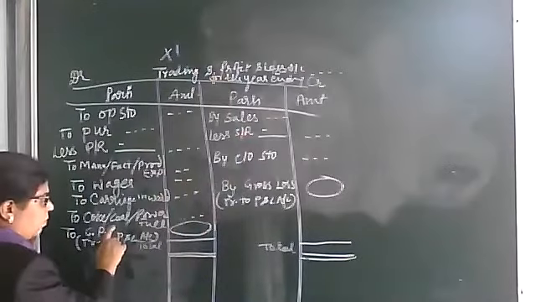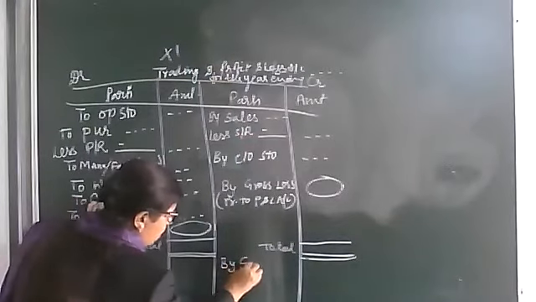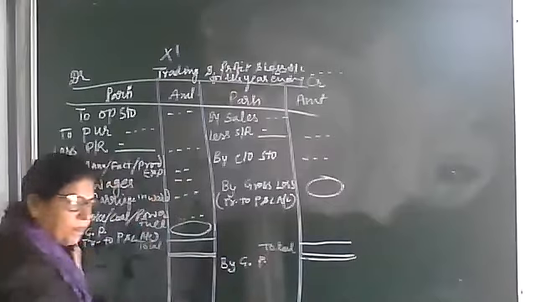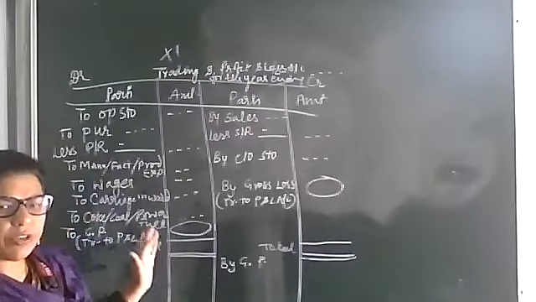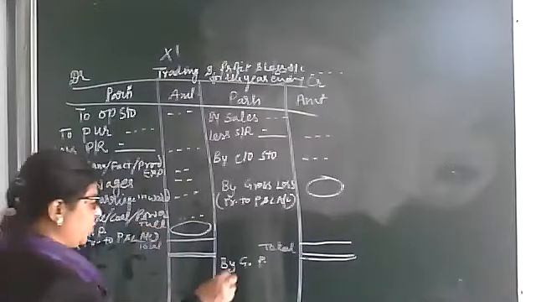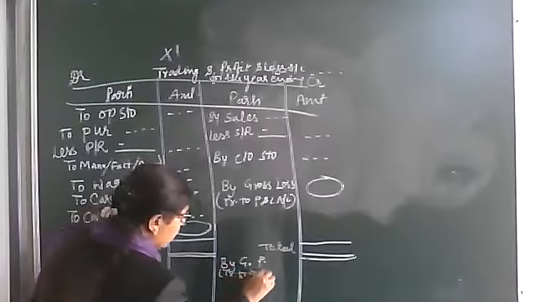So this GP is transferred to this side as gross profit. Okay, what will you write? Transfer from trading account. Good. Transfer from trading account.